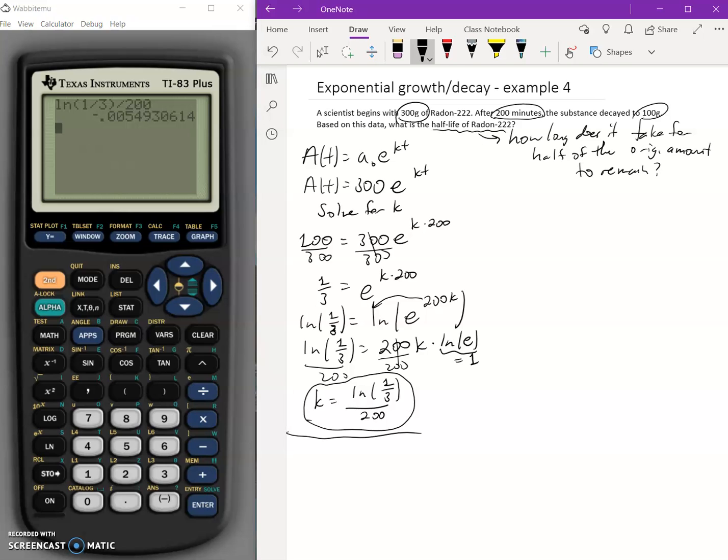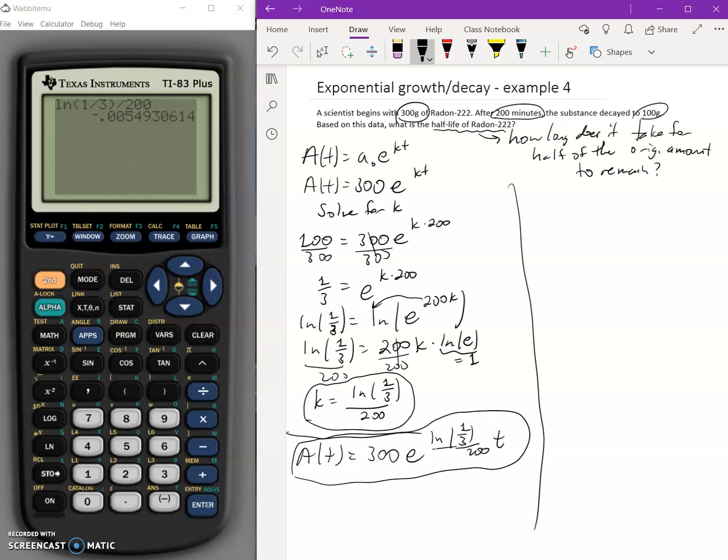So my general function that I have is A of t is equal to 300 e to the natural log of 1/3 divided by 200 times t. So this is my function that I'm now going to use to figure out the half-life with.